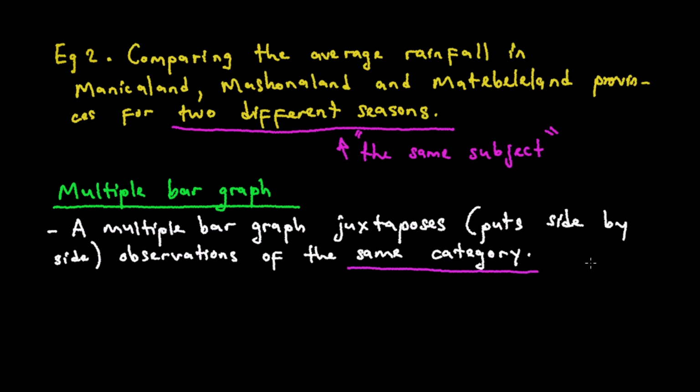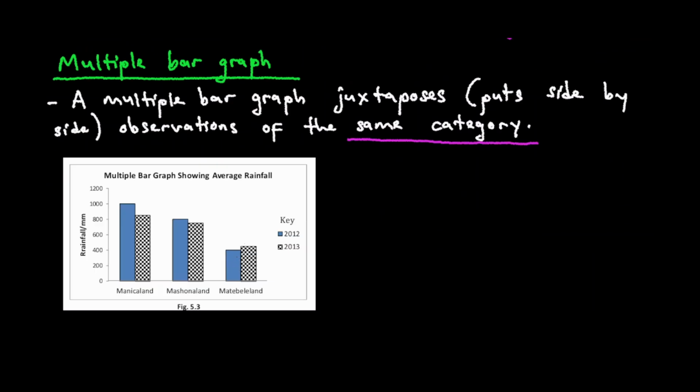So let us say an example of a multiple bar graph. We are looking at a comparison of the average rainfall in these 3 provinces, Manicaland, Mashonaland, Matabeleland. The different seasons are going to be shown by a key. Let us do so. Here a key is going to be very important. Because looking at the bars, these are in this color, call it green, and they are representing 2012.